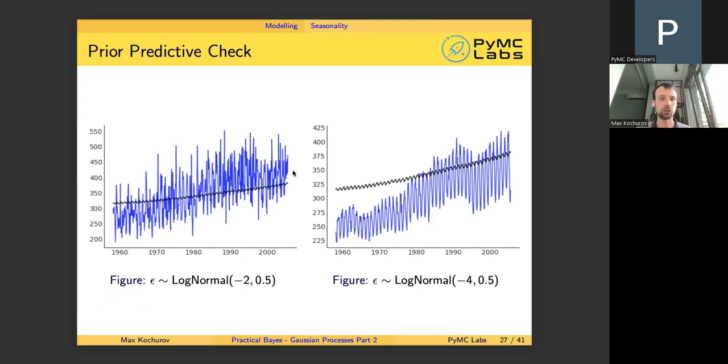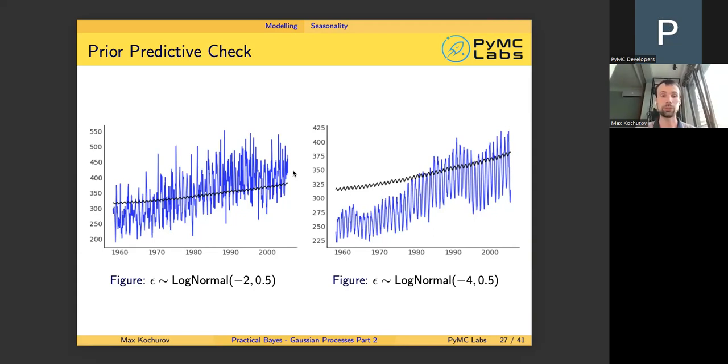One thing we didn't adjust is the epsilon term. If we don't think about epsilon, on the prior predictive plot we see some noisy time series. And if we think more about that, our epsilon can dominate all the seasonal patterns. So whatever you observe can be treated just like noise.